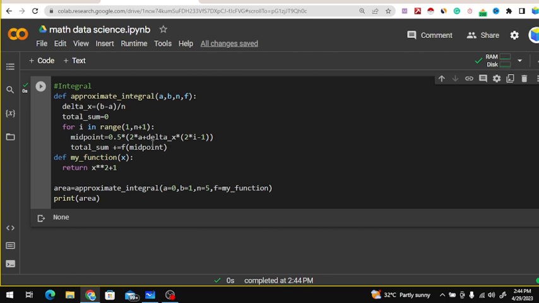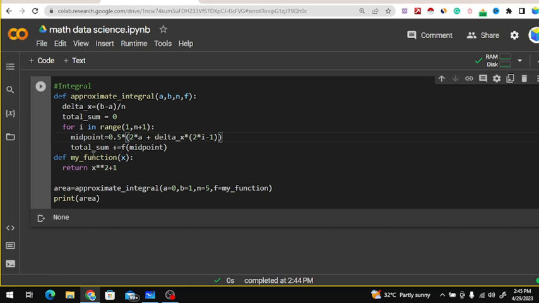So it's def approximate_integral with a, b, and f, and delta_x is b minus a divided by n, and total sum should be 0. Now the for loop, for i in range 1 to n plus 1, and midpoint will start from 0.5 times a plus delta_x times 2 i minus 1.